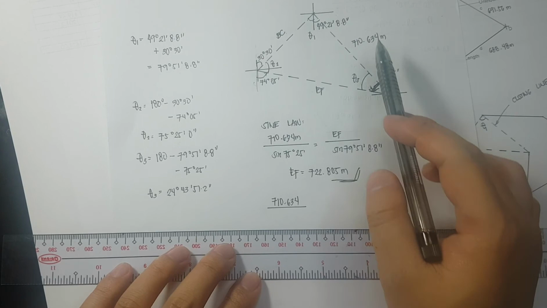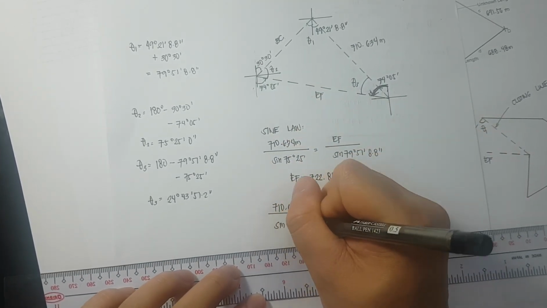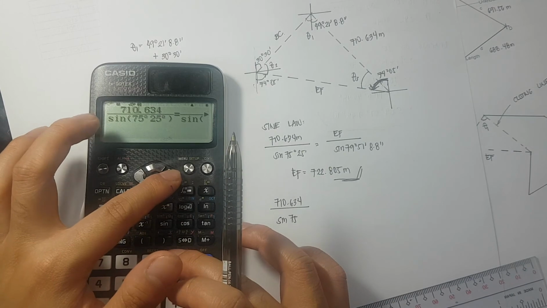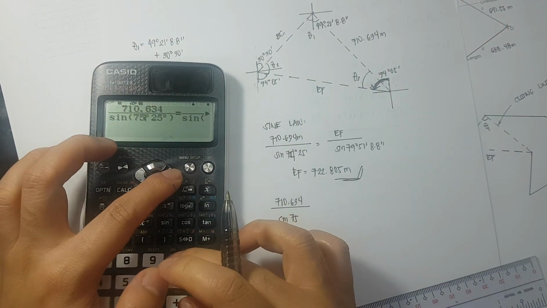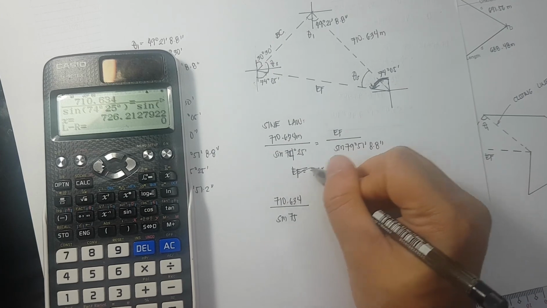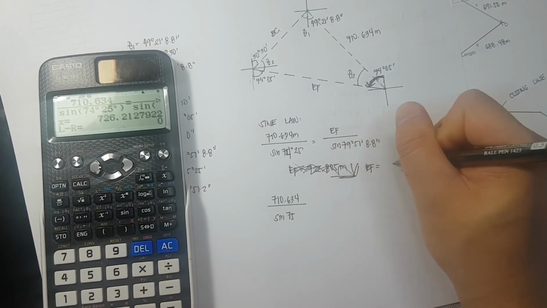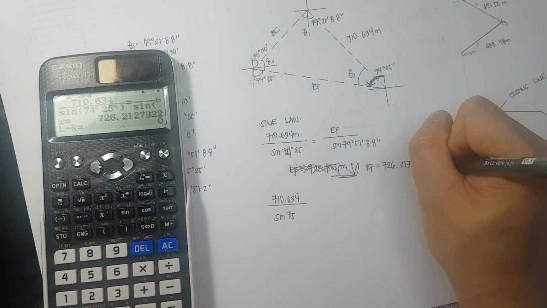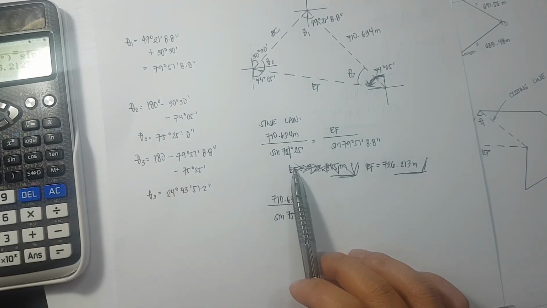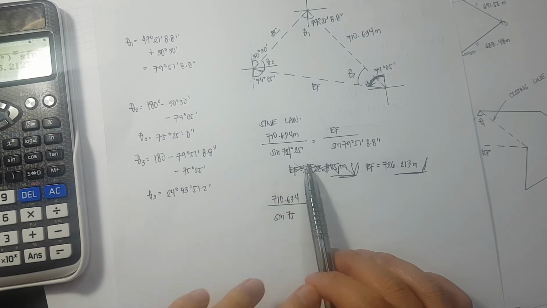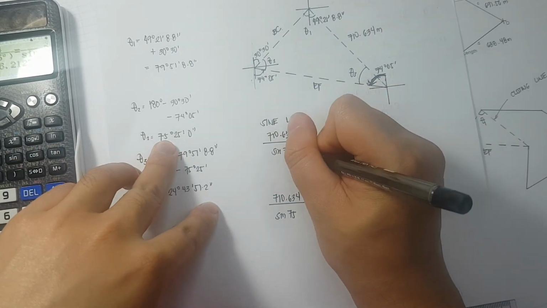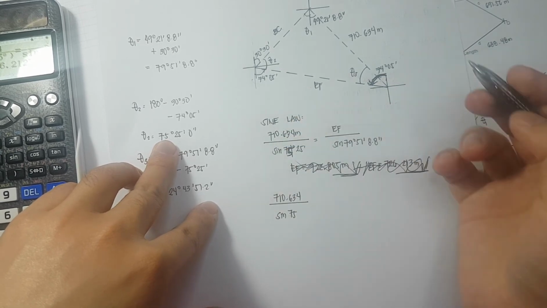Wait, theta 2 is 74. No. Wait. That's wrong. Actually, it's correct after all. Sorry, this is the one. It is 75.25.